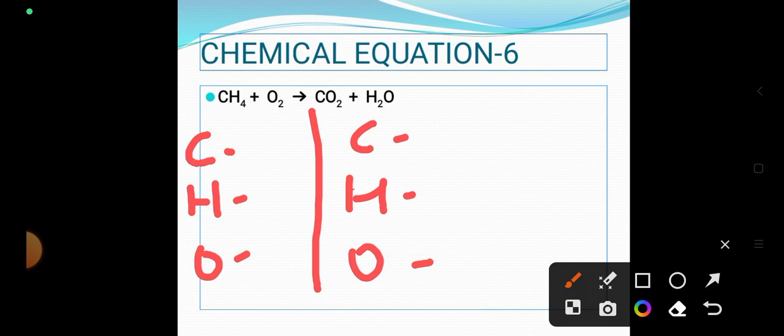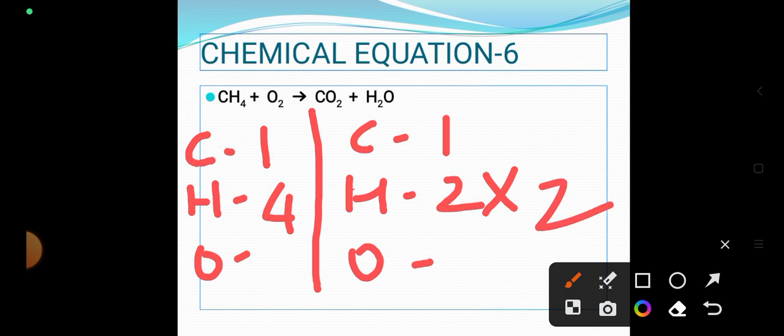Coming to carbon, carbon on reactant side it's methane, it's 1, and on also product side carbon dioxide, carbon it's 1. Hydrogen, if we take, it's 4 on the reactant side and it's 2 on product side. So if I write a 2 here, 2H2O, so hydrogen will be balanced.